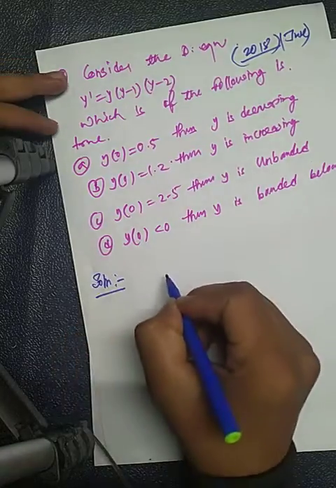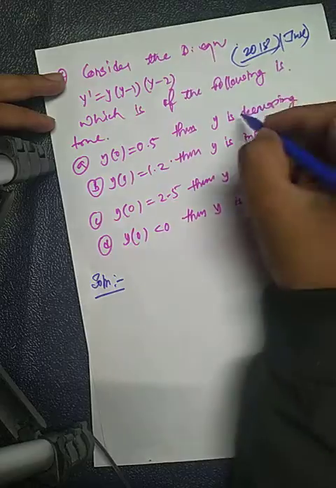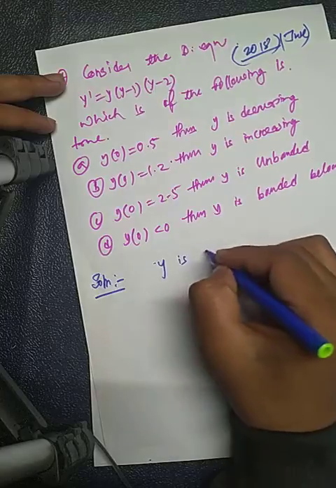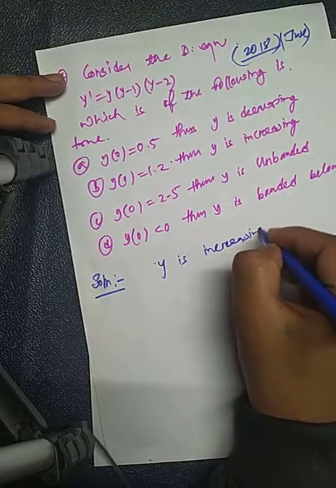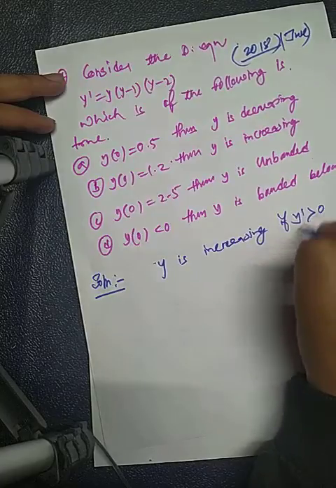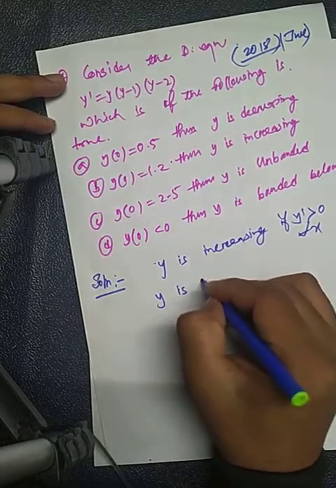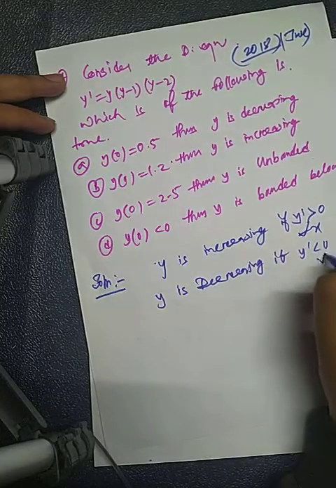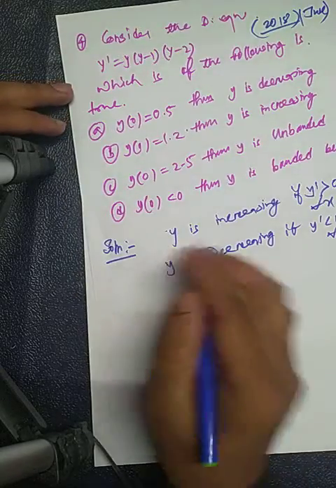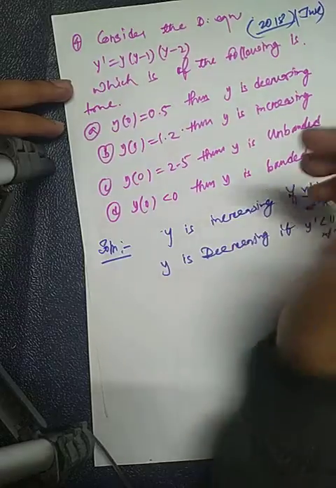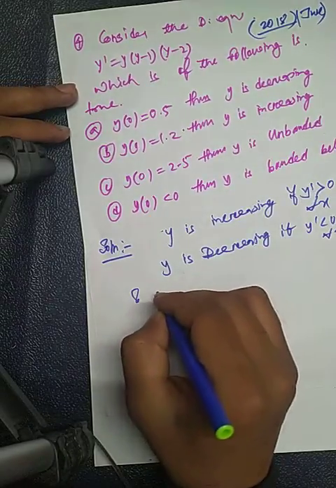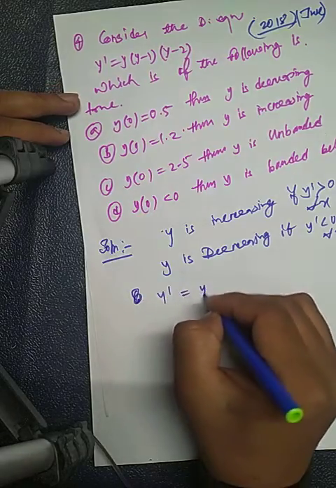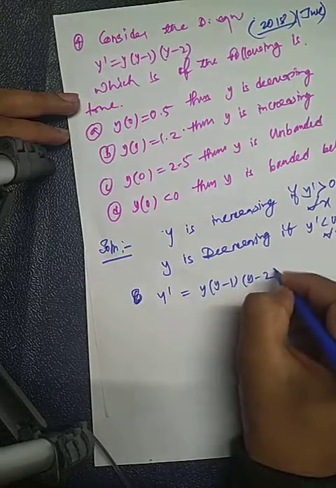So what it says is that y is increasing if y dash is greater than 0 for all x. y is decreasing if y dash is less than 0 for all x. Okay, so y dash is equal to y into y minus 1 into y minus 2.